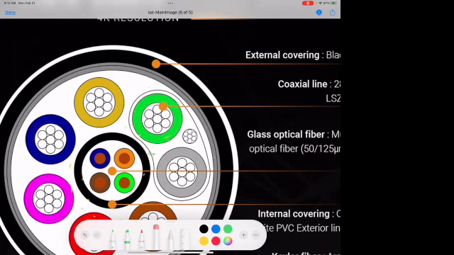Assume that the only one that is not shielded is that one. So what do you think is going to happen here? Can I hear somebody who is going to offer some thoughts?